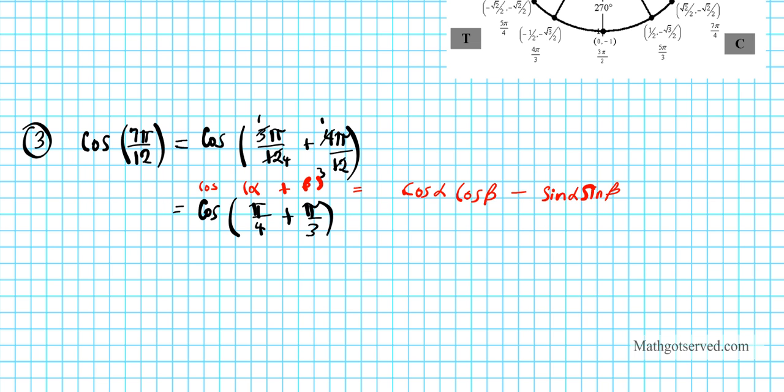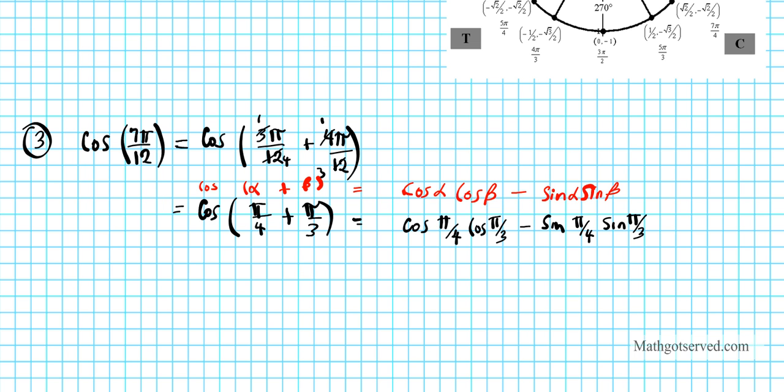Down here we're going to have cosine alpha, which is pi over 4, cosine beta, which is pi over 3, minus sine alpha, pi over 4, sine beta, pi over 3. So there we have it.